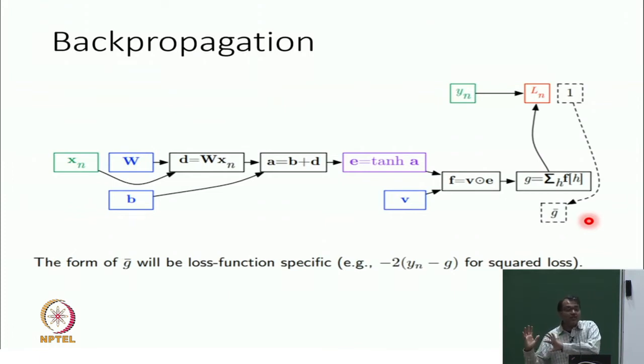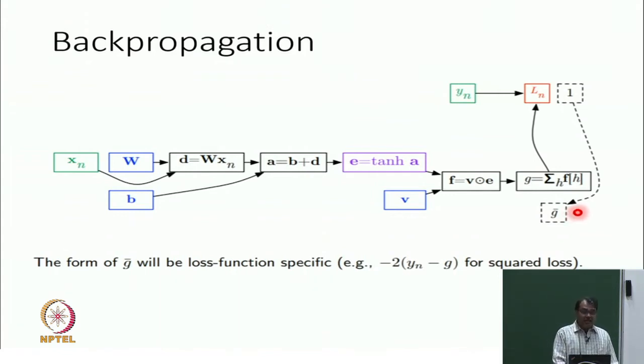Now our goal is to back propagate it all the way. This is the example that we have to work on. And let us start one step at a time. Now if I know g bar, which bar will I compute next? F bar. Why? Because g depends on f.